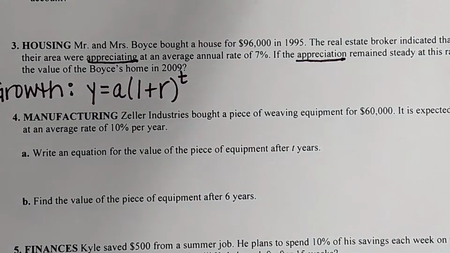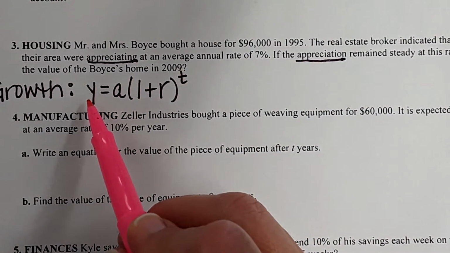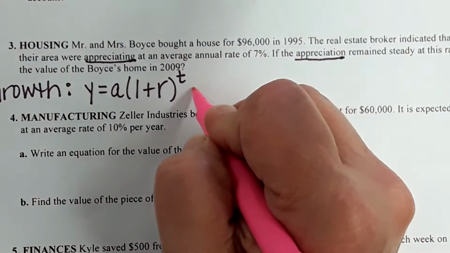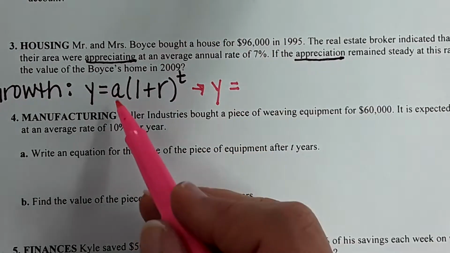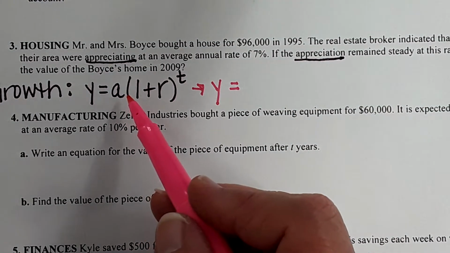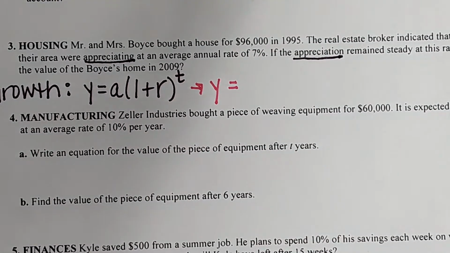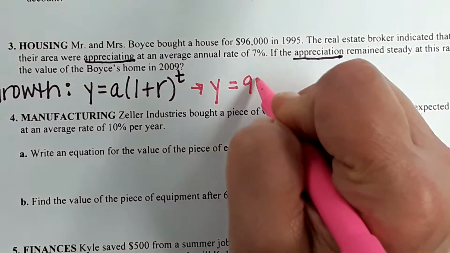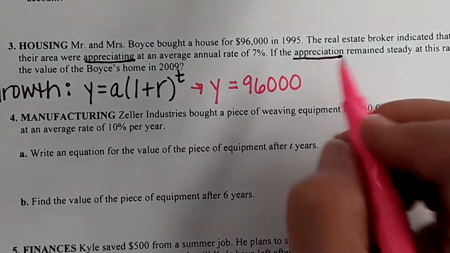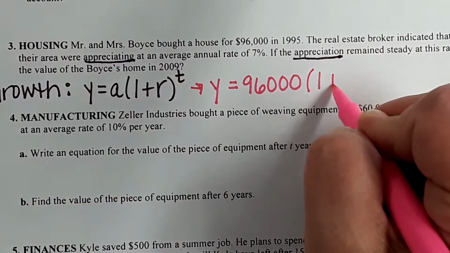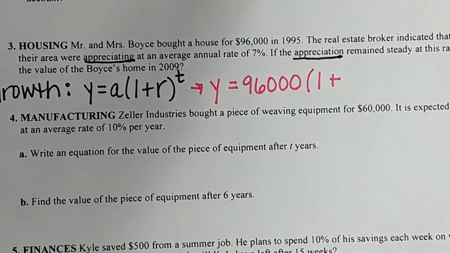For right now, just the equation, is there a number for y? Nope. So y stays. What was the initial value of the Boyce's house? Okay. 1 plus r. What is the rate that they give you?